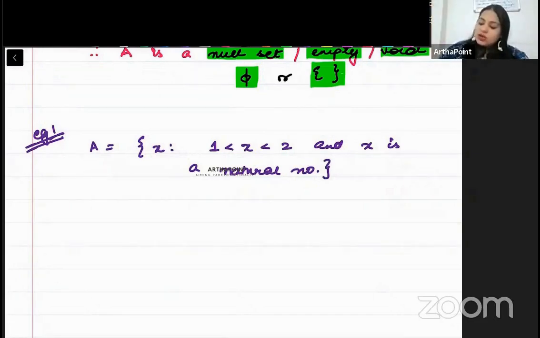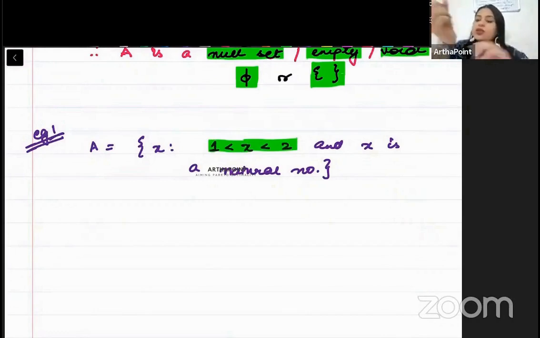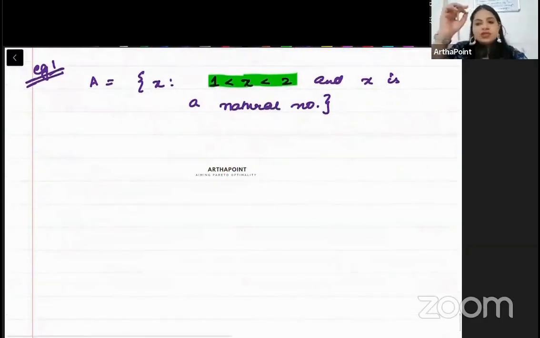Now in this interval that I have written, it is not including 1. 1 से बड़ा होना चाहिए. Not including 2. 2 से कम होना चाहिए. मतलब 1 और 2 के बीच में होना चाहिए. तो ऐसा कोई नंबर जो 1 और 2 के बीच में है ना, पर natural number है तो possible नहीं है, because natural numbers are 1, 2, 3 and so on. So beta, this becomes an empty set.